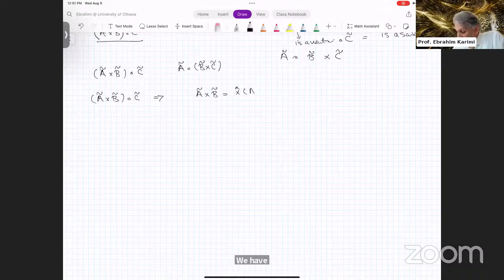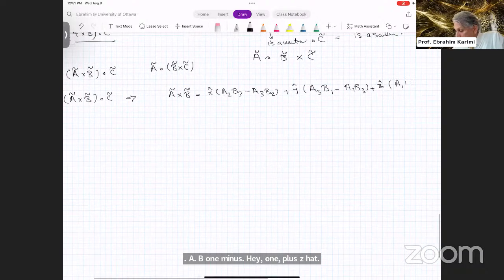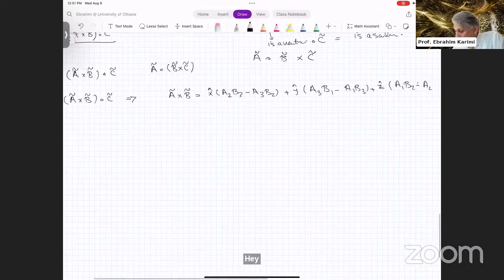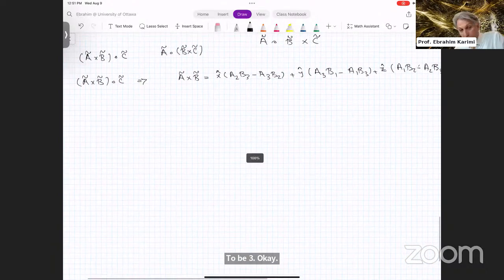It will be X hat (A2 B3 minus A3 B2) plus Y hat (A3 B1 minus A1 B3) plus Z hat (A1 B2 minus A2 B3). Okay, good. So far, so good, right?